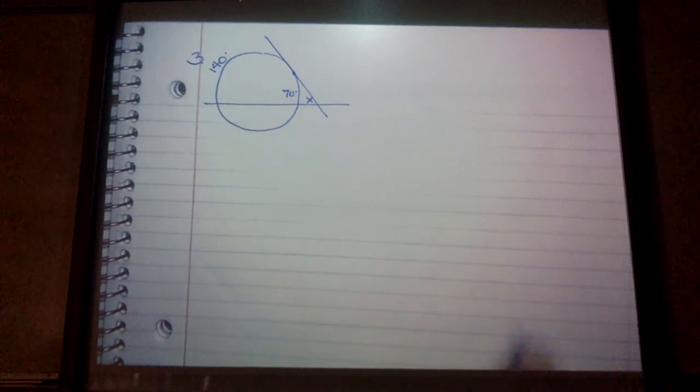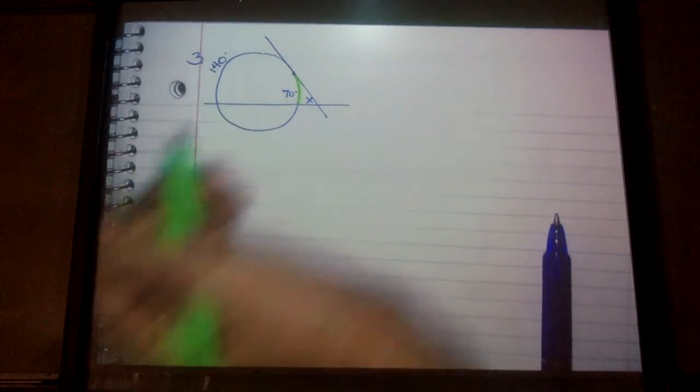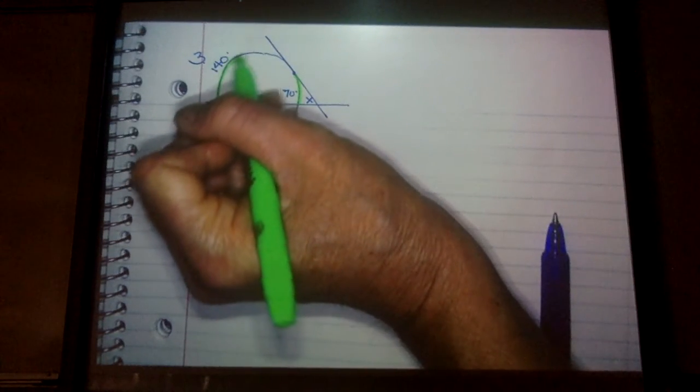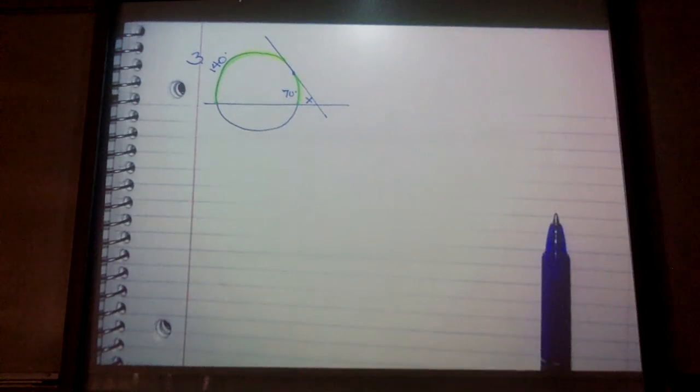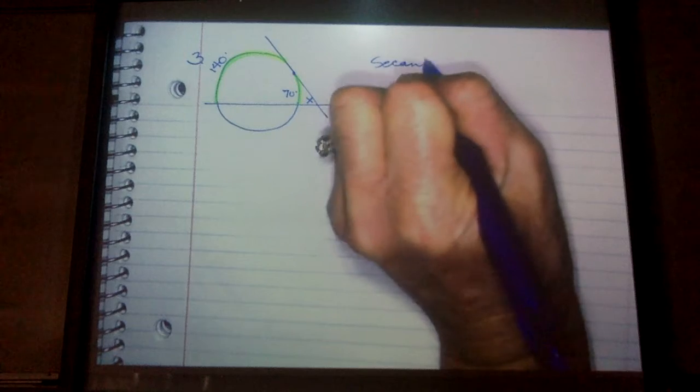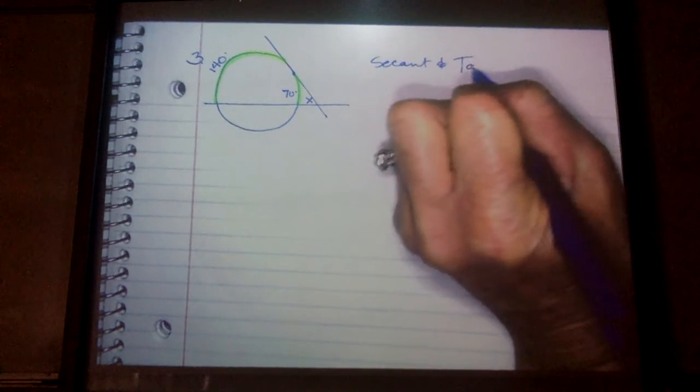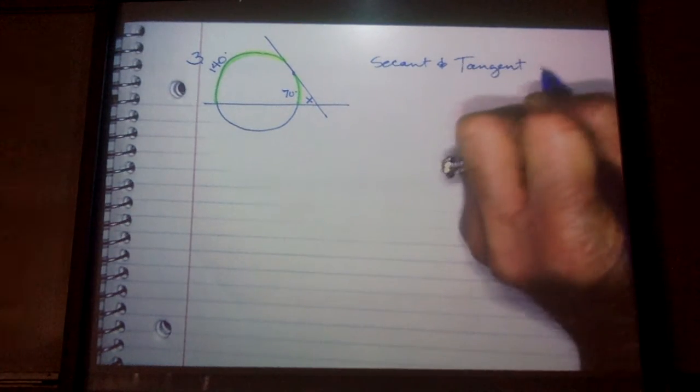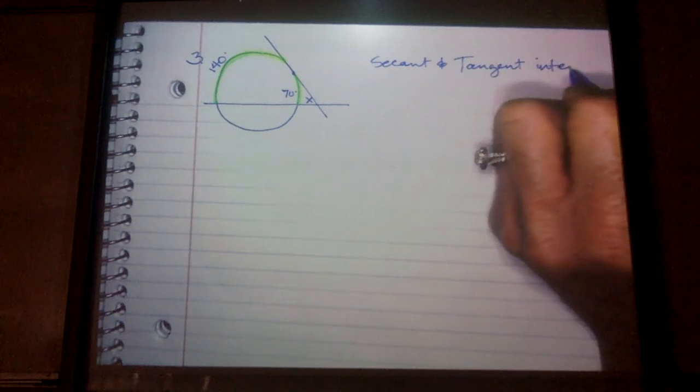This out here is 140 degrees. Here's an arc, and then I have this large arc. In this case, I have a secant and tangent intersecting outside.